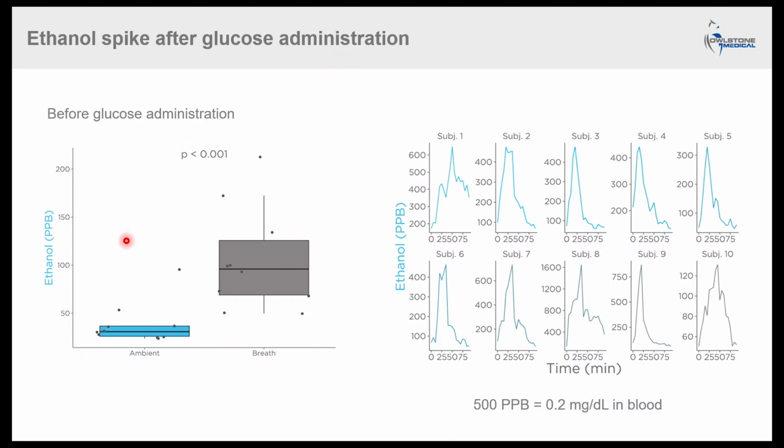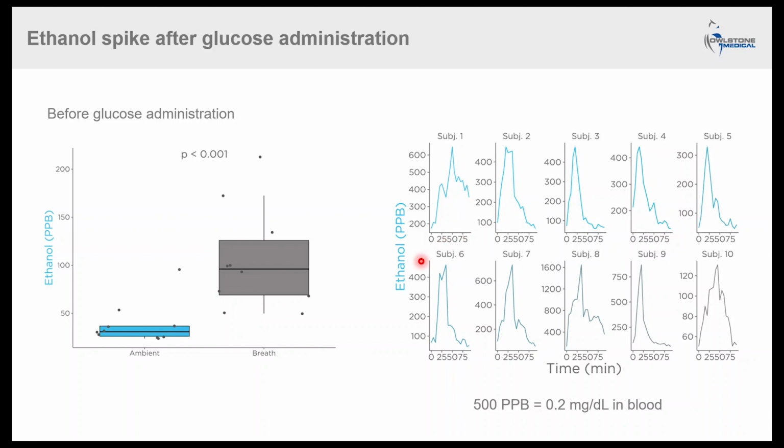Here we can see a box plot comparing the ambient that we measured before and after every experiment for every subject, and then the breath of the subjects at baseline before glucose administration. We can see the amount of ethanol in parts per billion, and clearly we have ethanol production even after an overnight fast.